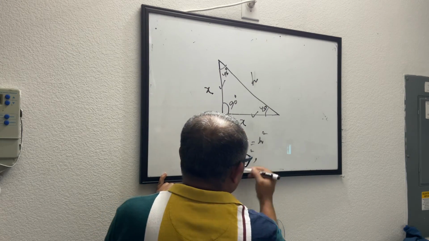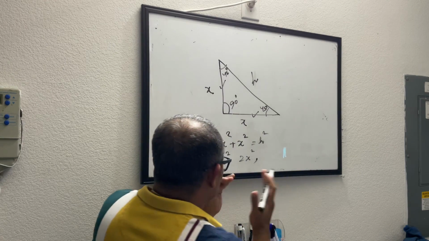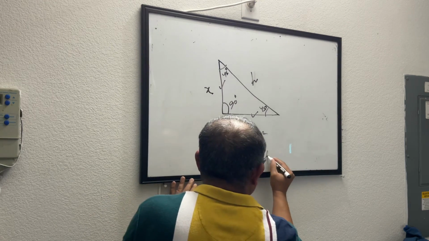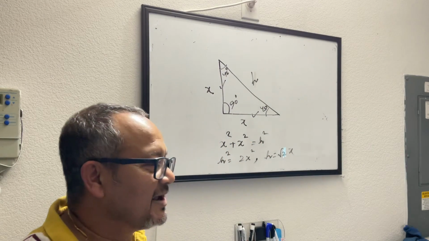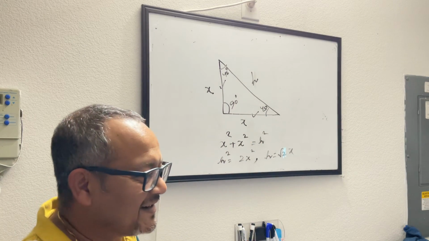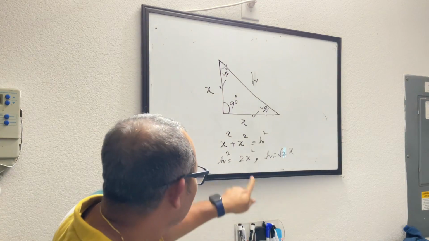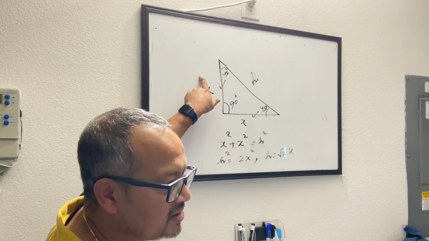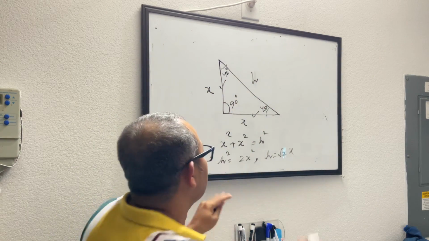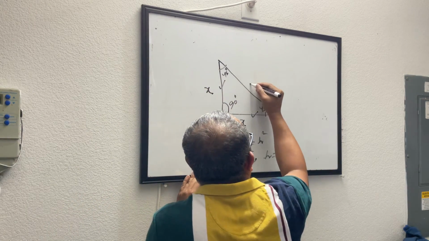Now see, I have a very unique problem that I deal with at times. Yeah, you were right actually, I was not able to process that information. So if this side is x, this is also x. That is how we have drawn it. And then this side will be root 2 x.